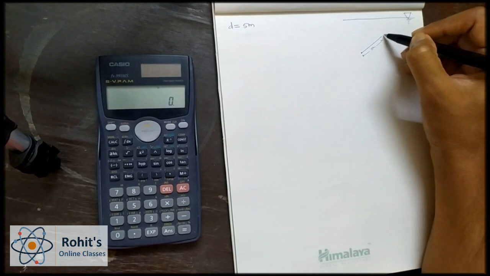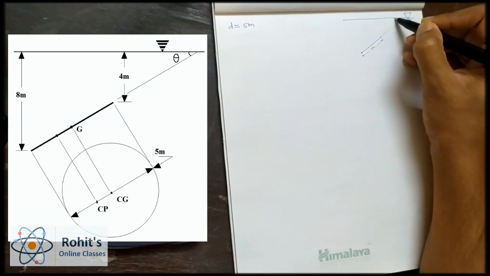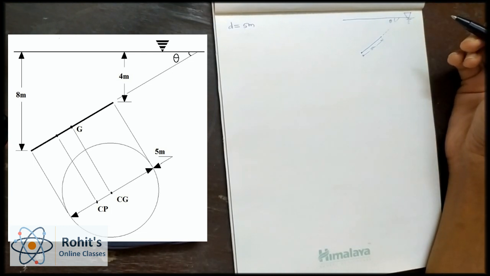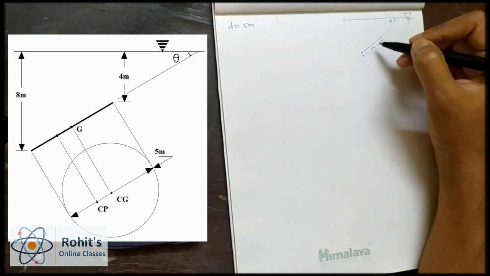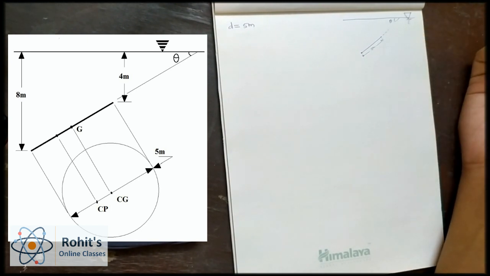And if I draw projections, this will give me the theta. What is theta? Theta is the angle of inclination of this plate with the free surface of liquid.